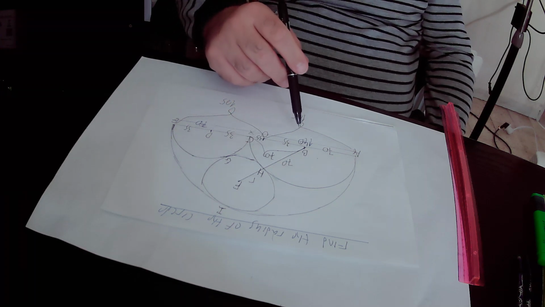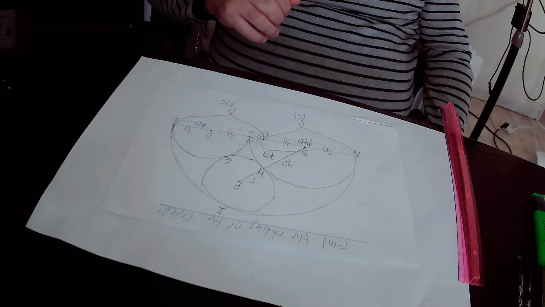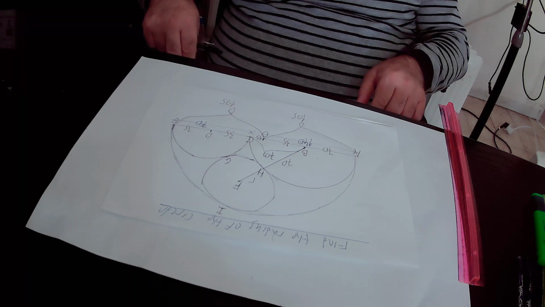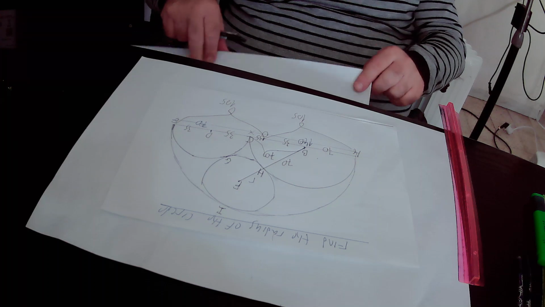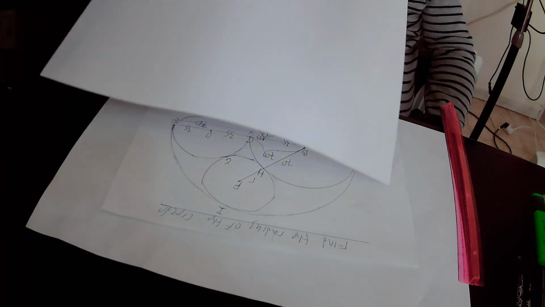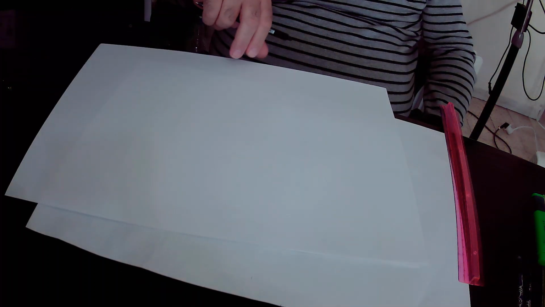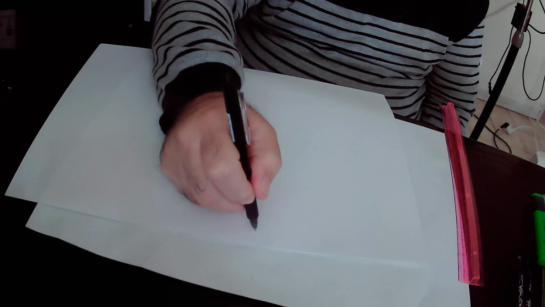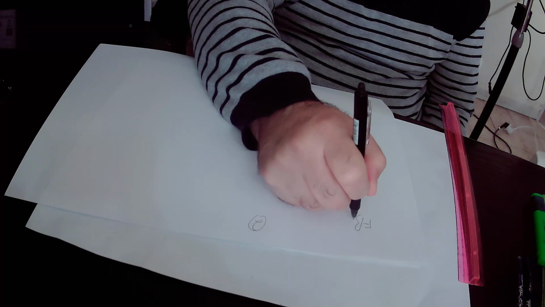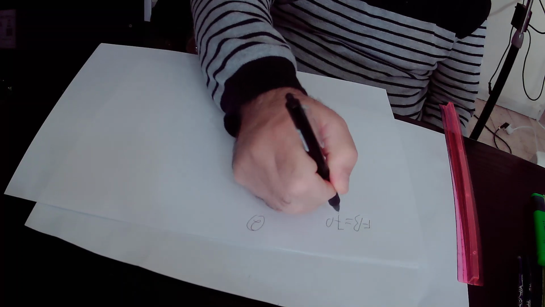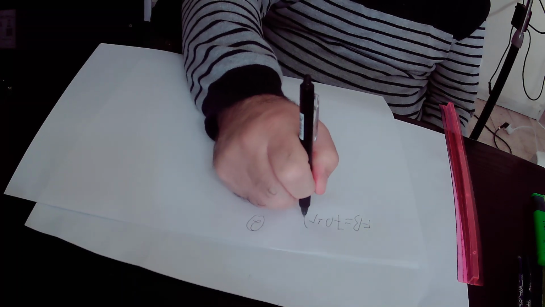So you can write down that BF equals 70 plus r units according to rule number 11. FB equals 70 plus small r units.